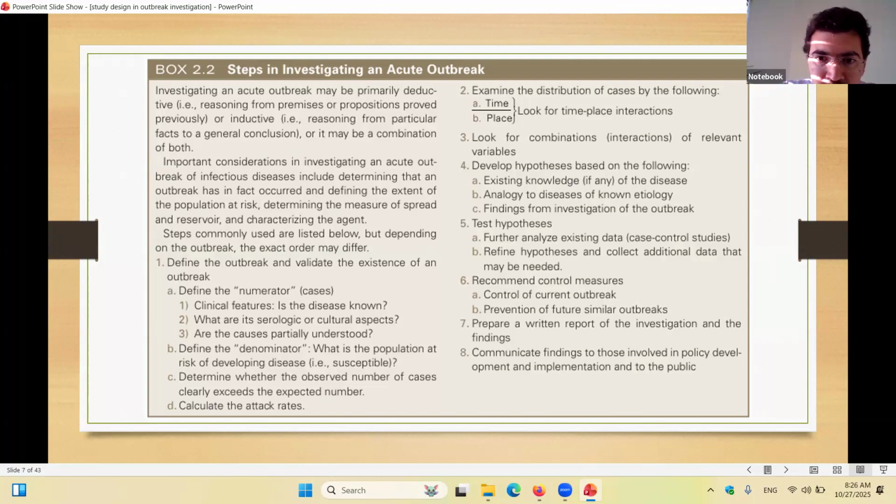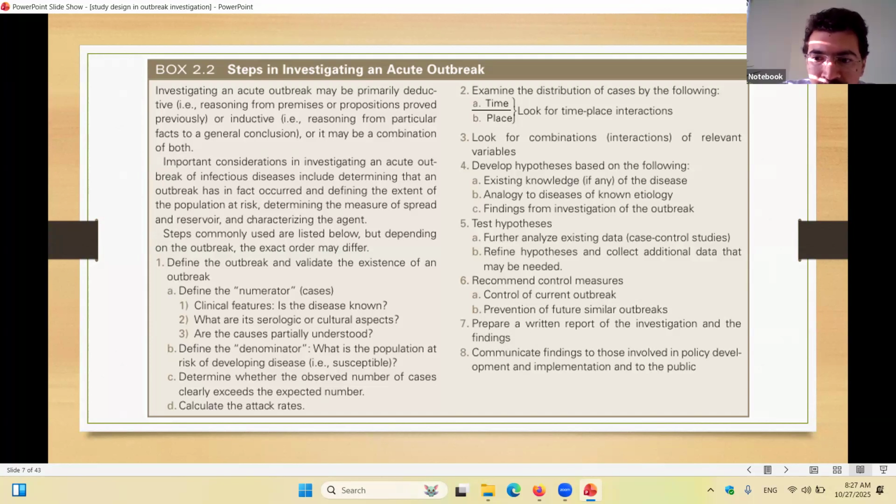So pay attention to this step, test hypothesis, which falls into two categories. A, further analyze existing data, for example, case control studies. And B, refine hypotheses and collect additional data that may be needed.